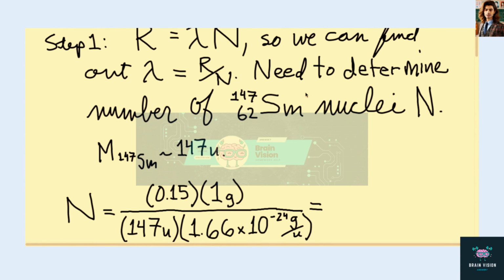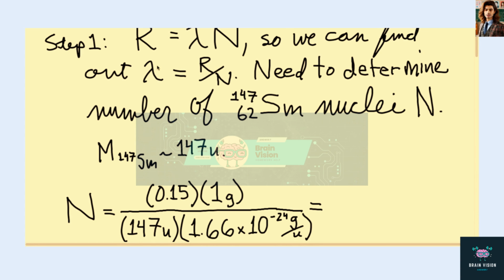So the first step of this problem, we can figure out two of the constants needed to solve for the half-life, given the relationship that activity is the product of the decay constant lambda times the number of nuclei present, n.